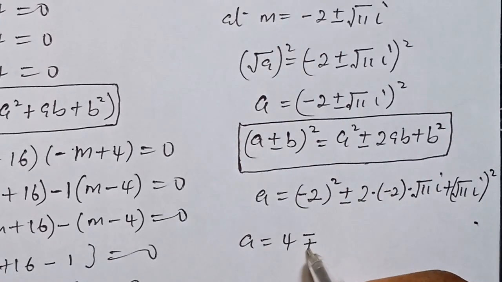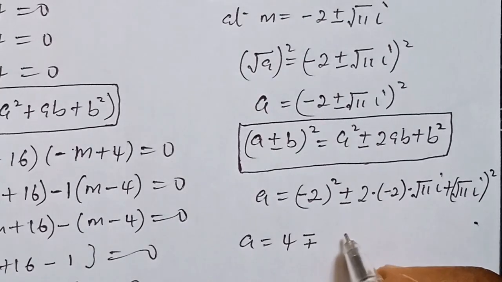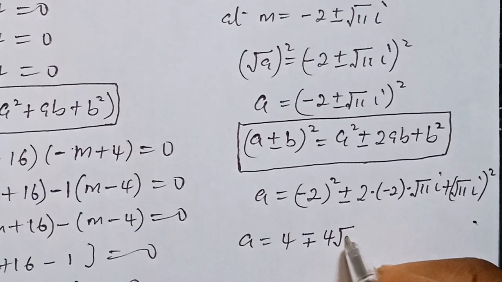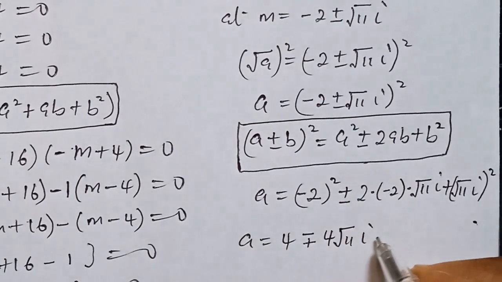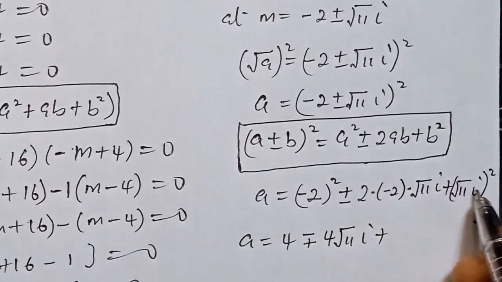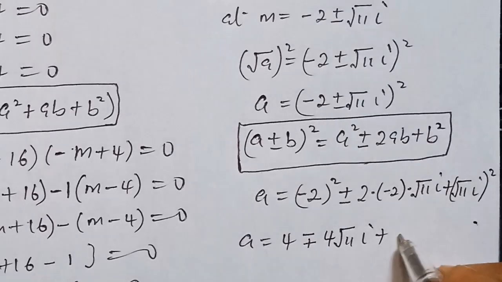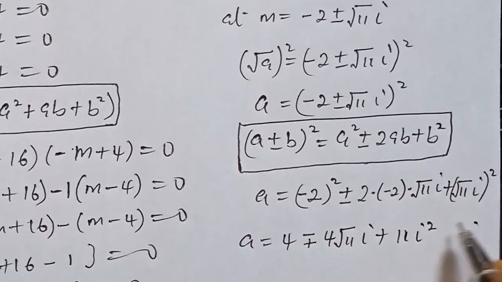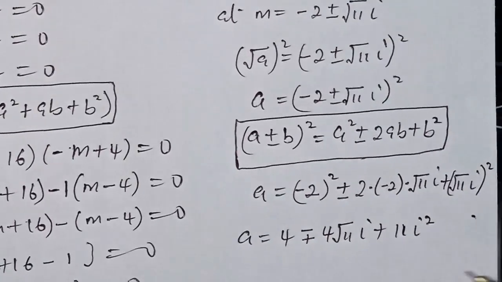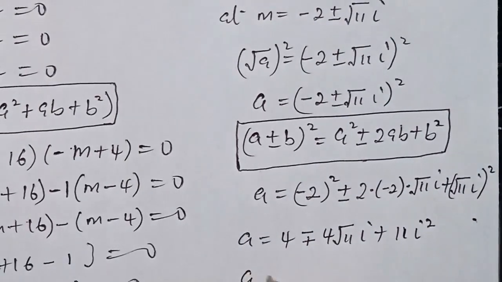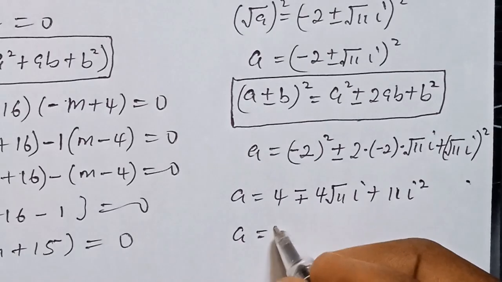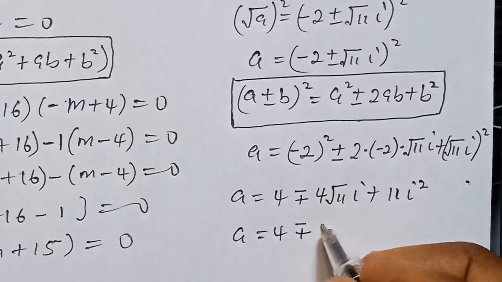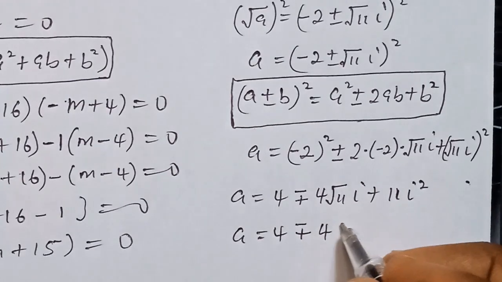We have ∓ 4 √11 i, plus (√11 i) squared.